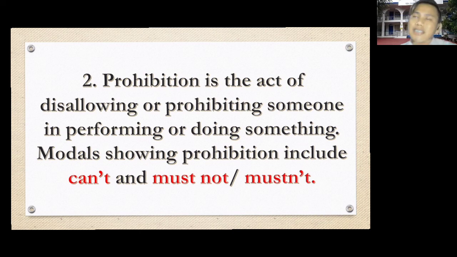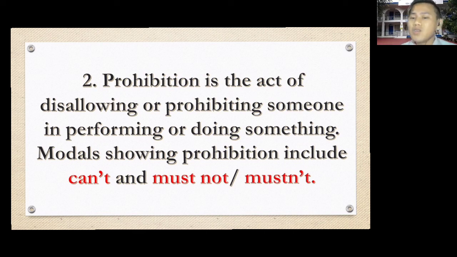So it says here that prohibition is the act of disallowing or prohibiting someone in performing or doing something. So the modals that show prohibition include the following. Okay, we have can't, the contracted word for cannot.